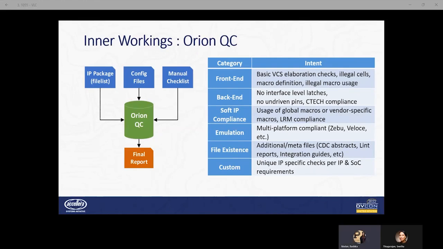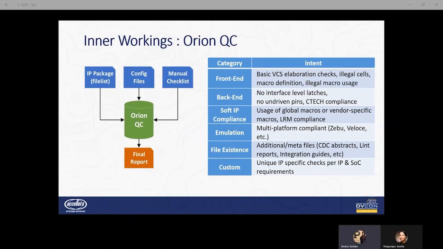It checks for file presence, verifies the final report of each underlying check, collates all the log files and reports, and also uses an automated email generator to send out the release notes and the results to the IP team. We categorize the checks in these main categories: front-end, back-end, SIP compliance, emulation, file presence, and IP-specific custom checks.